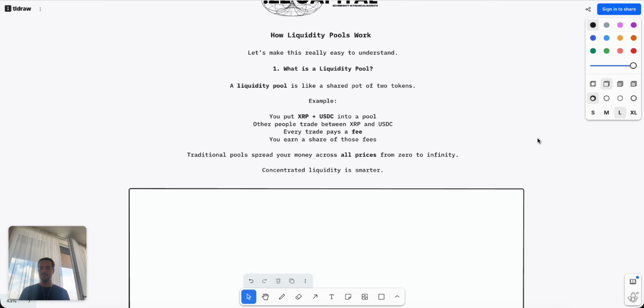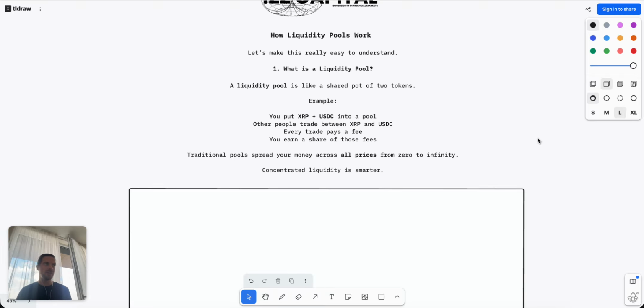Simple as that. But there was a problem a few years ago. You were able to deploy into a liquidity pool only in a 50-50 proportion, so you had to provide 50% of one asset and 50% of another. And the problem was that traditional liquidity pools spread your money across all prices from 0 to infinity.